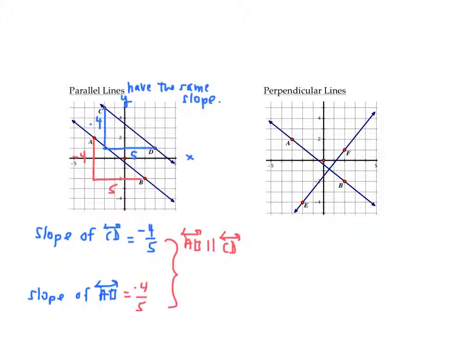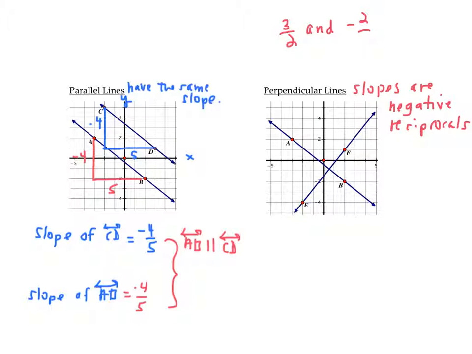Okay, with perpendicular lines, we say that their slopes are negative reciprocals. So what that means is that if the slope of the first line, say, is 3/2, its negative reciprocal would be negative 2/3.